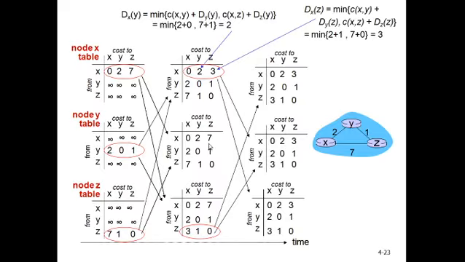The table is updated because X's personal information earlier was 027, and now it is 023, and Z's personal information earlier was 710, and now it is 310. But after having these two changes in its table and recomputing the cost to the other destinations, those costs remain the same. So that's why there's no change in Y's personal information.